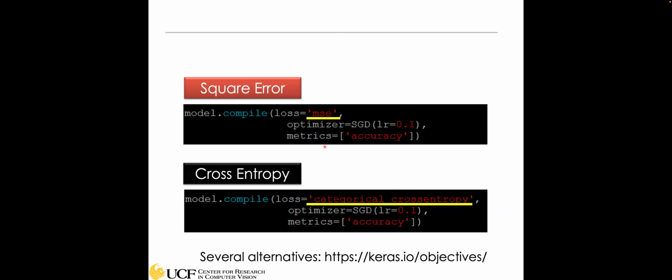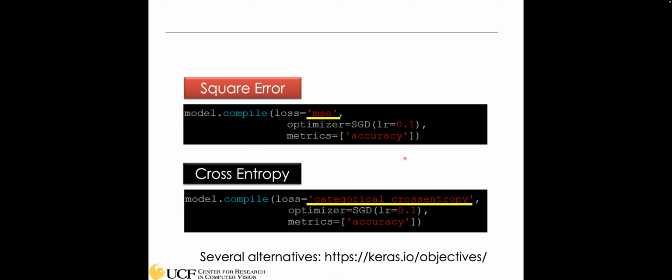And in Keras, it's very easy to specify what kind of loss you want to use. If you're doing regression, you want to use the mean squared error, so you just specify MSE. If for classification, for fun, you want to compare with cross entropy, you can also use MSE, you can specify that.